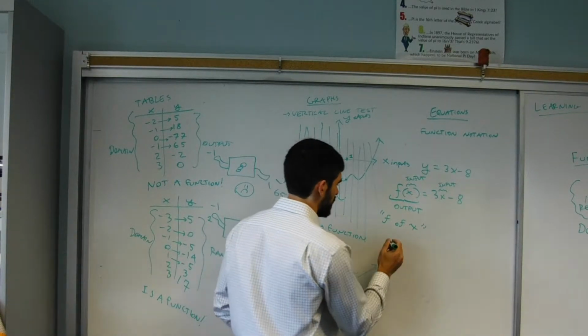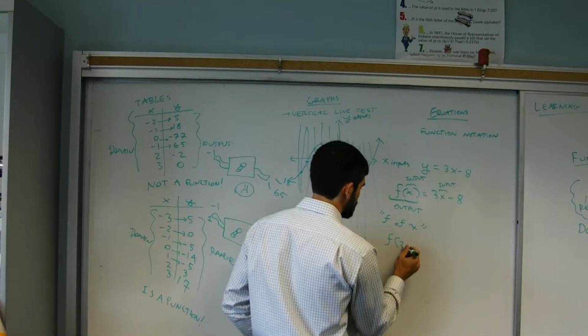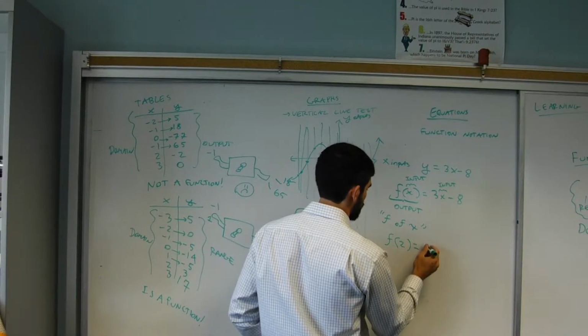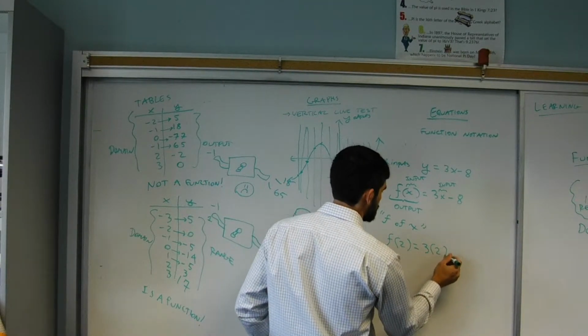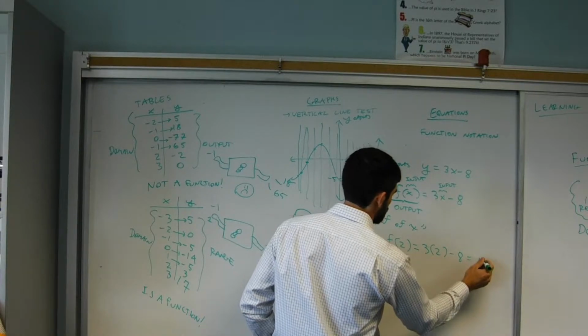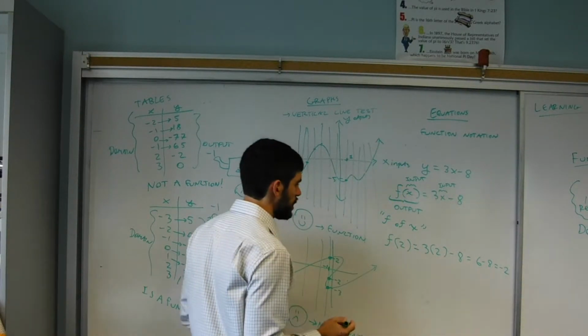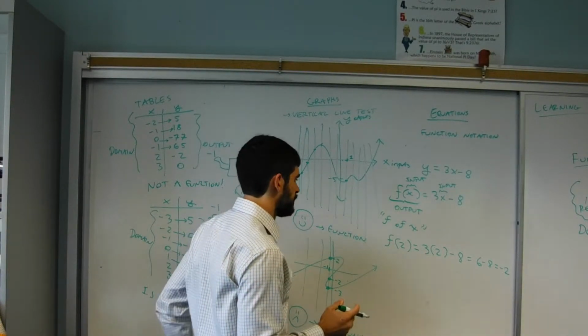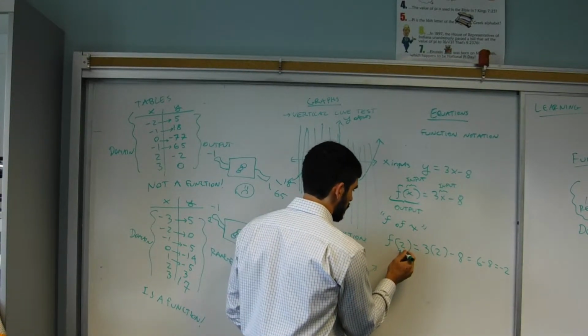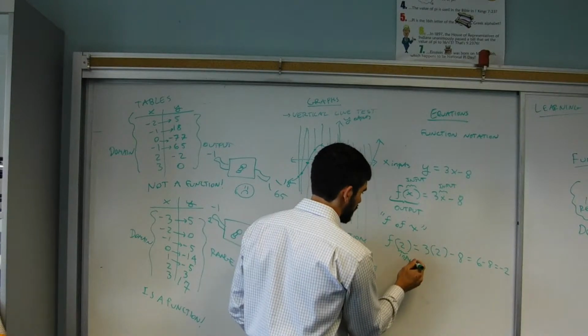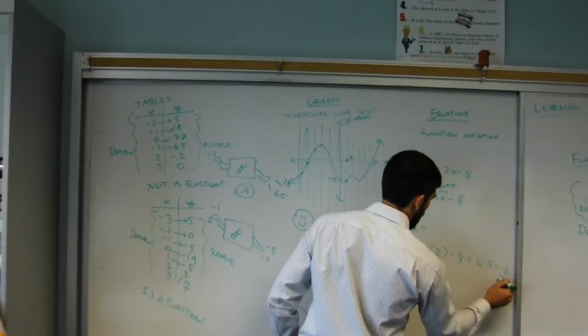So say for this function, we have f of 2, that's going to be equal to 3 times 2 minus 8, which is equal to 6 minus 8, which is equal to -2. So again, we're able to clearly mark what our input is and what our output is.